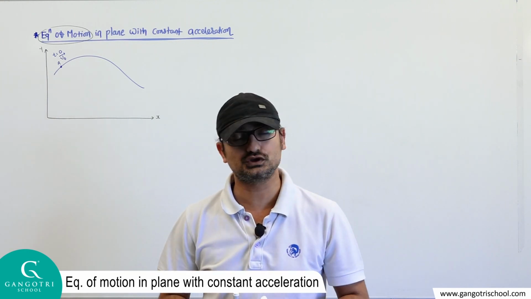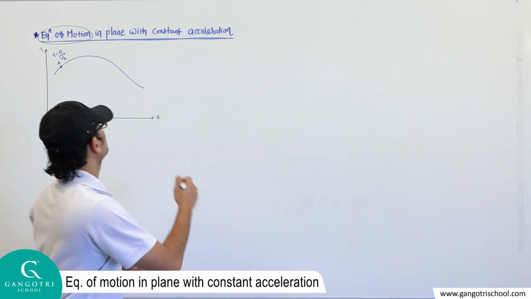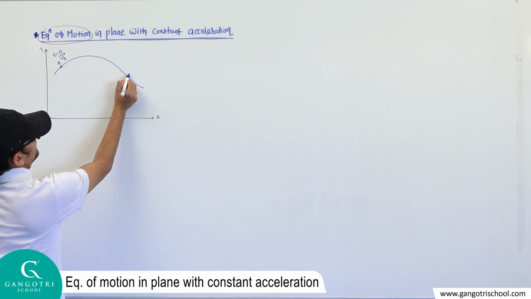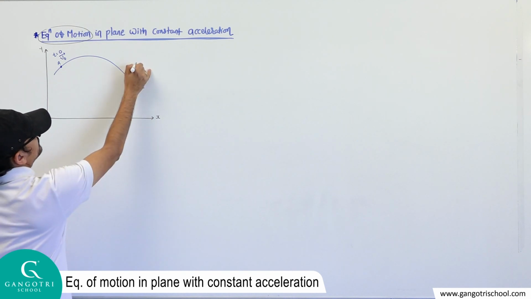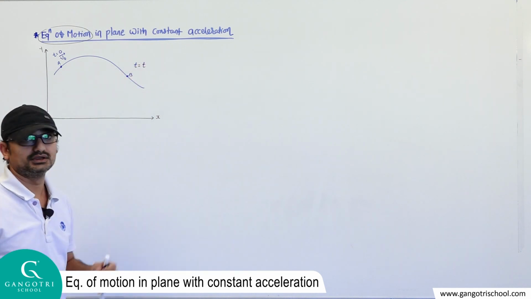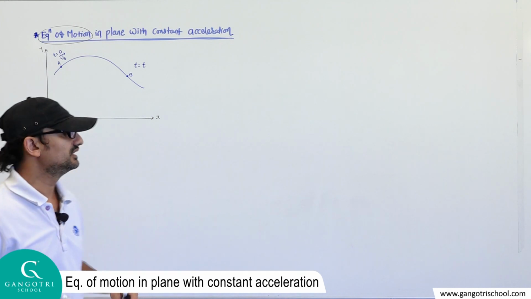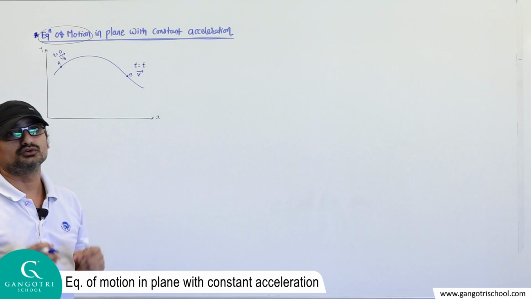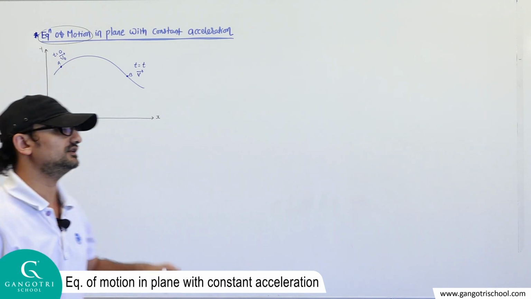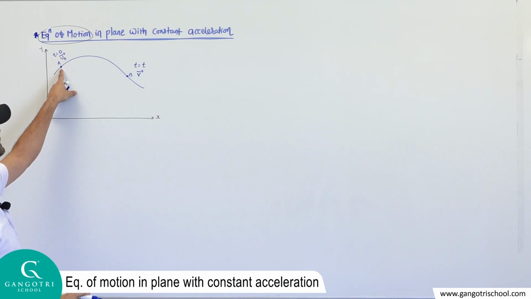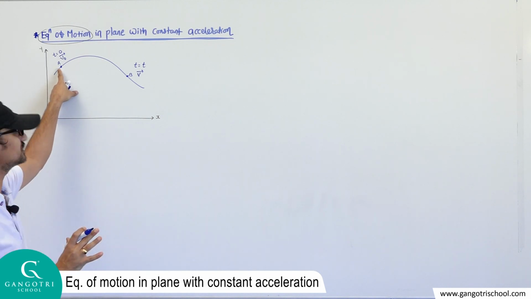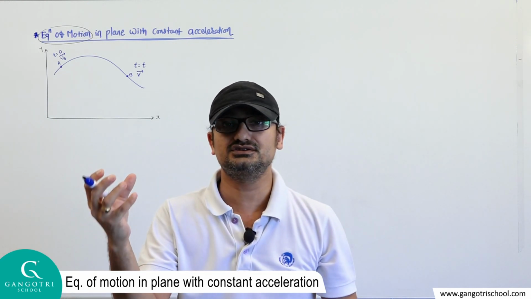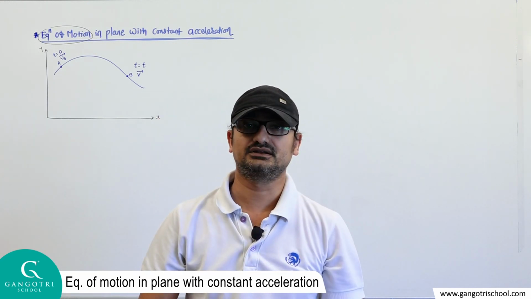So v0 is known as the initial velocity. Now suppose after some time the object reaches point B. At time t equals t, the object is at point B, and here at point B suppose its velocity is v. We will call v the final velocity and v0 the initial velocity, because we just discussed the motion from A to B. So in A to B, v0 is the initial velocity and v is the final velocity.